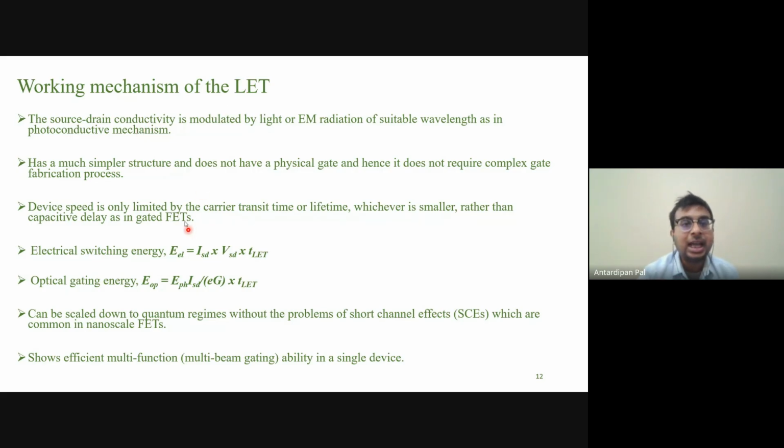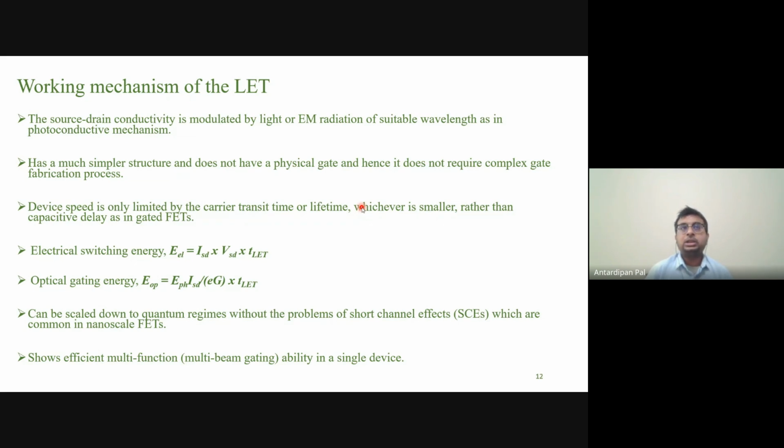That's it. It has a much simpler structure and does not have a physical gate. We discussed that device speed is only limited by carrier transit time or lifetime, whichever is smaller, rather than the RC delay as in FETs.